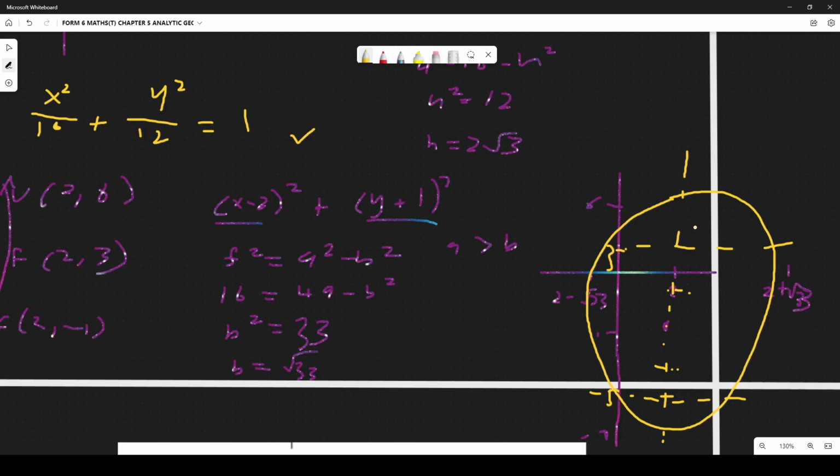You do not have to label, but it's better to label. Since 2, 3 is already given, another one is going to be 2, -5. F1, F2, like this.